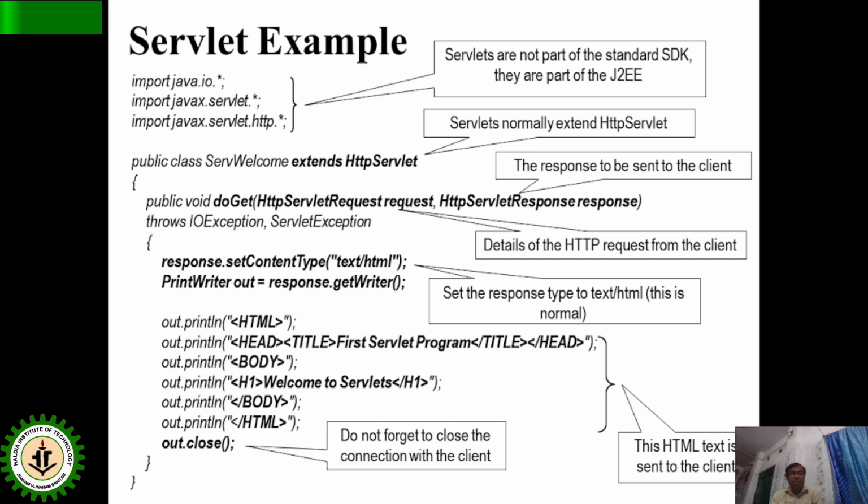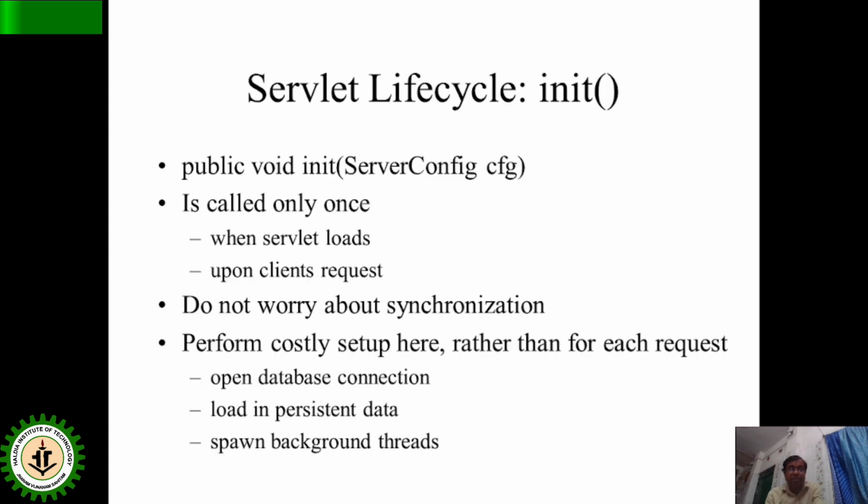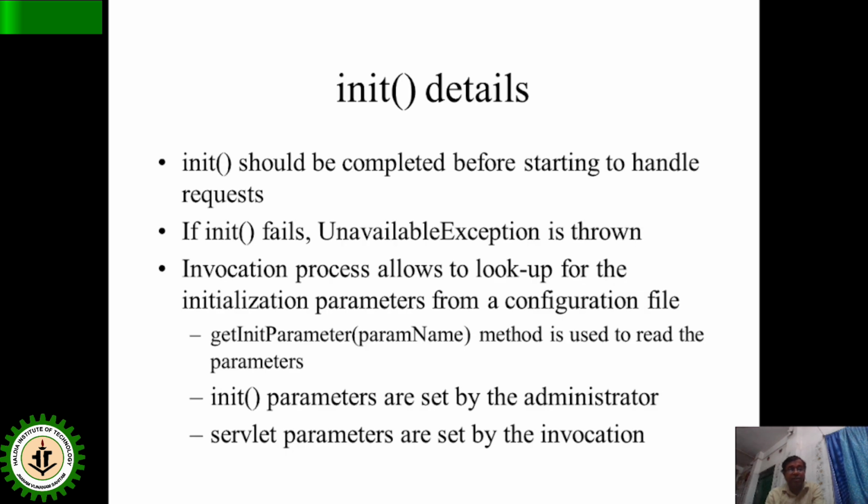So this example is the standard code of a servlet. It shows how we can write a servlet, and the outcome will be displayed through the response with PrintWriter out equal to response.getWriter. Servlet lifecycle: init is one component of the servlet lifecycle, and the init details will work.